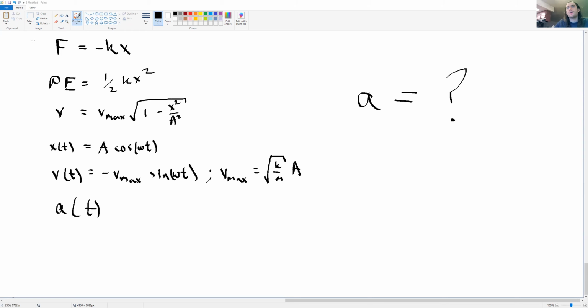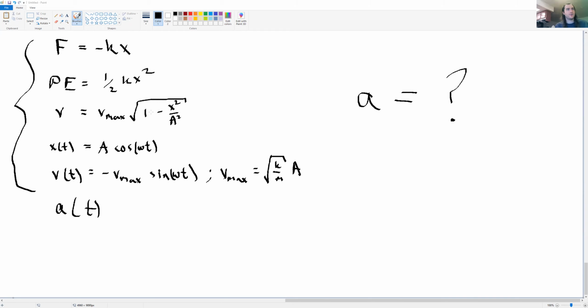Are any of these quantities right here related to acceleration?